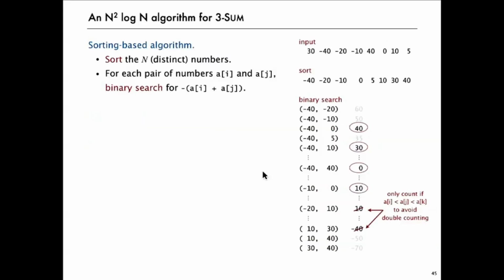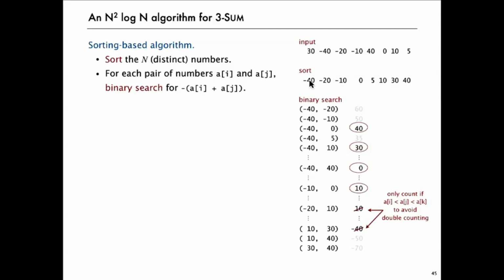All right, so given that fact, we can develop a faster algorithm for 3-sum. It's a sorting-based algorithm. And so what we're going to do is take the numbers that we have as input and sort them. We'll talk about sorting algorithms next week. And we can get that done in time proportional to n log n, but that's not the main part of the computation.